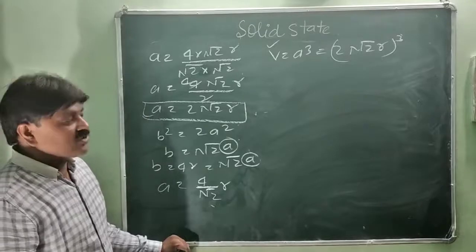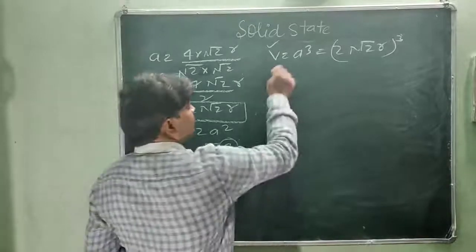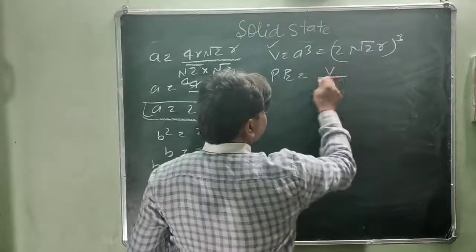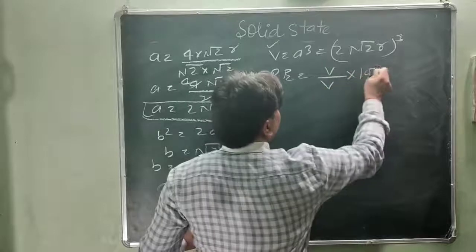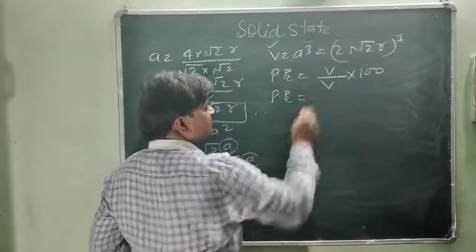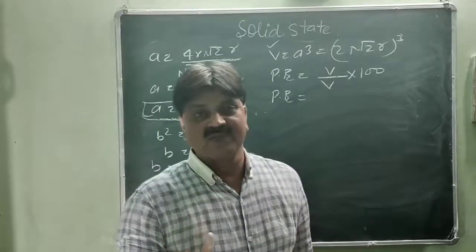Now put the value in the packing efficiency formula. Packing efficiency is equal to small v upon capital V into 100. What is the number of atoms in the case of FCC? Obviously it is 4.